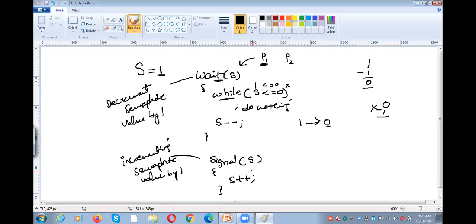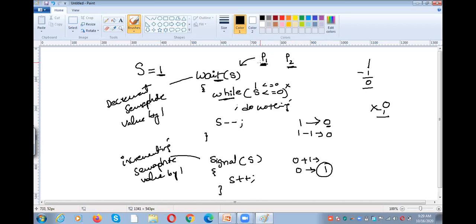Whenever you perform the signal operation, the 0 becomes 1, because 0 plus 1 is 1. Here 1 minus 1 becomes 0. Whenever it becomes 1, the other process which is waiting to enter the critical section is now able to perform the wait operation.